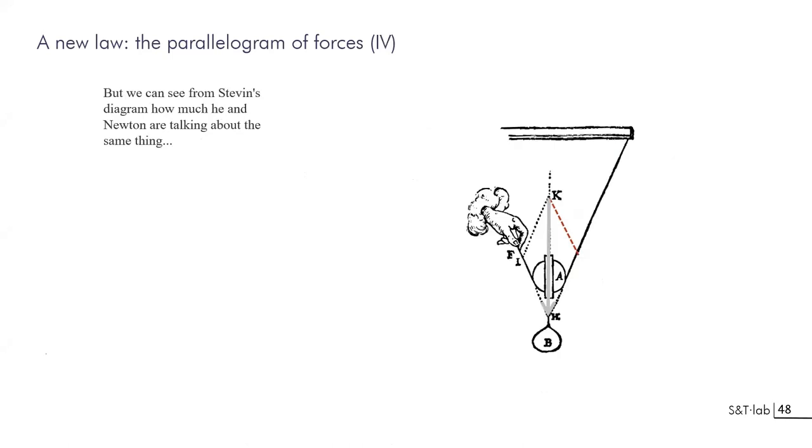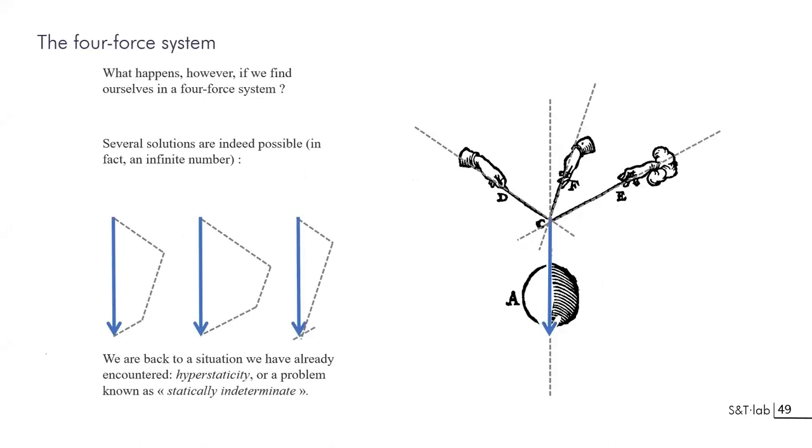So you see here Stevin going on applying this to several problems. And what's happening as soon as you have not three forces applied to a system, to a point, with the point here in the middle, but four forces?